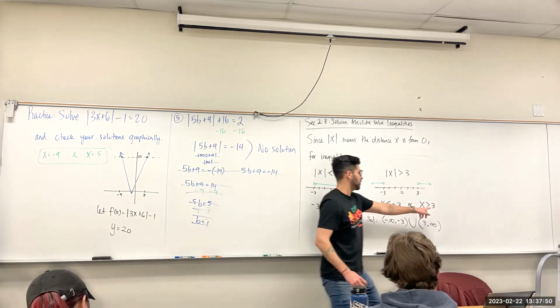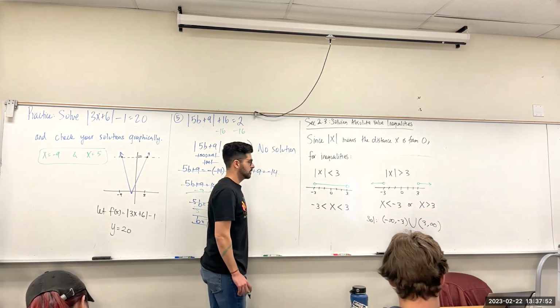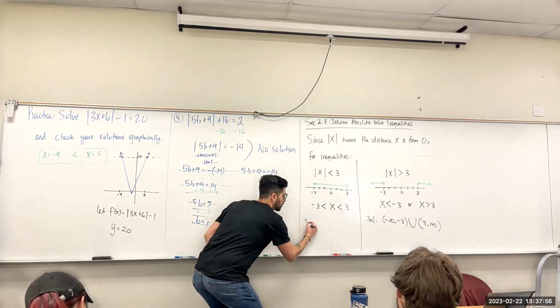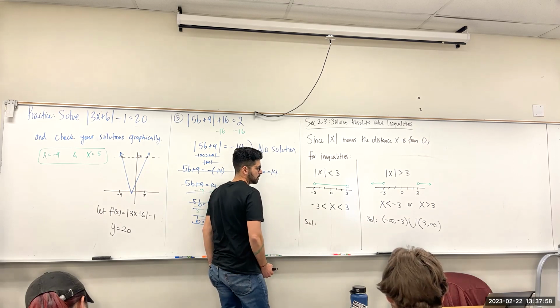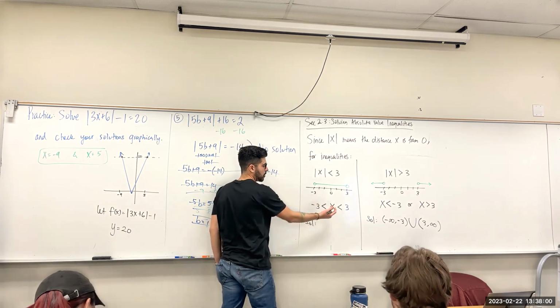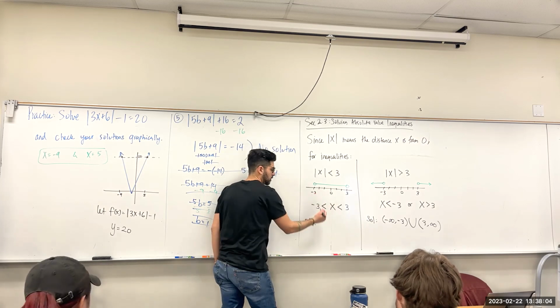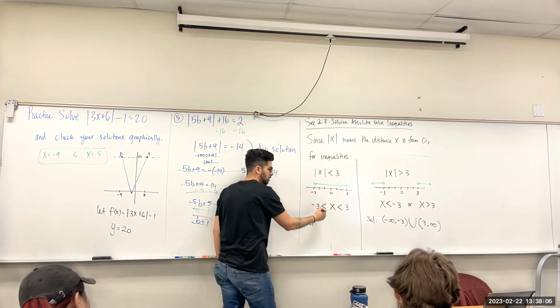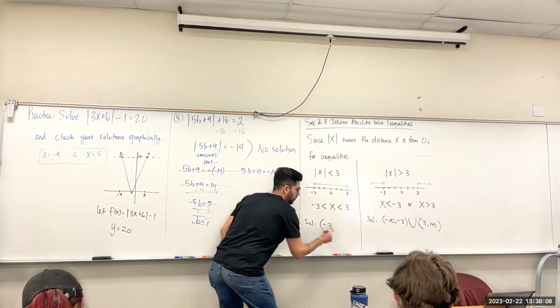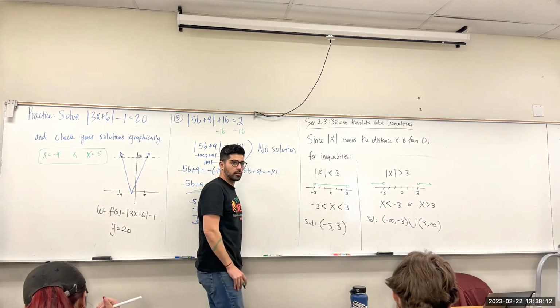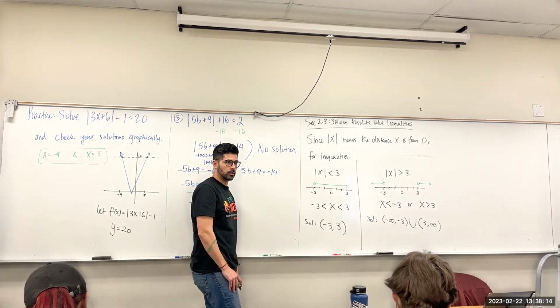And then for the other scenario, the solution is all the x values. What's the smallest x value that you approach, but not included? So it goes from negative 3. What's the biggest x value? 3. So your answers are going to be in interval notation for inequality.